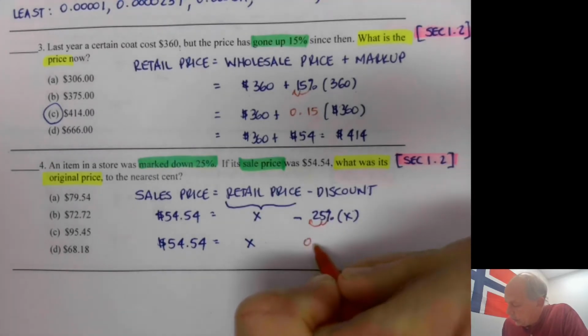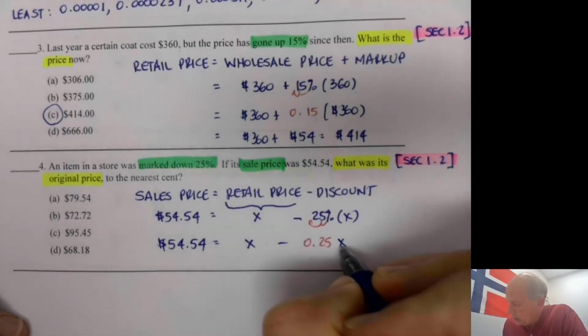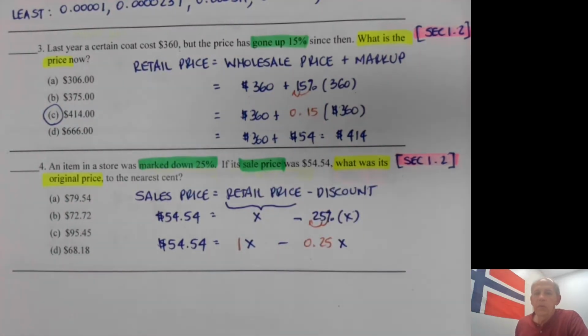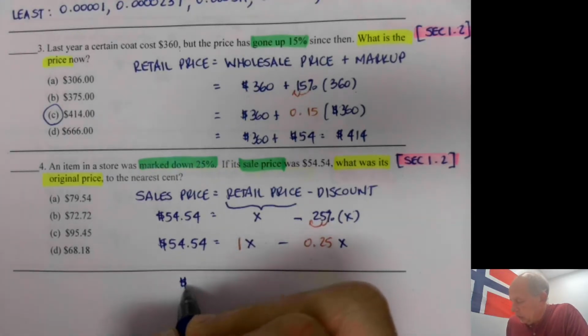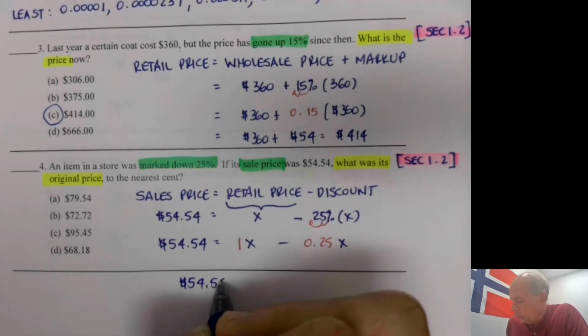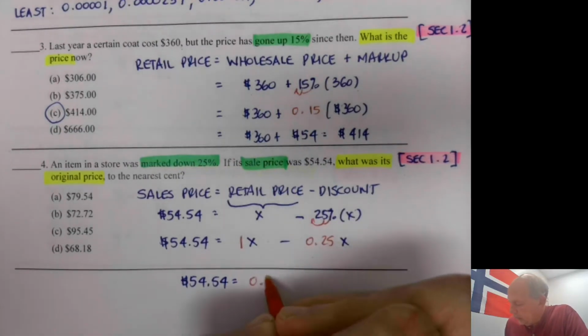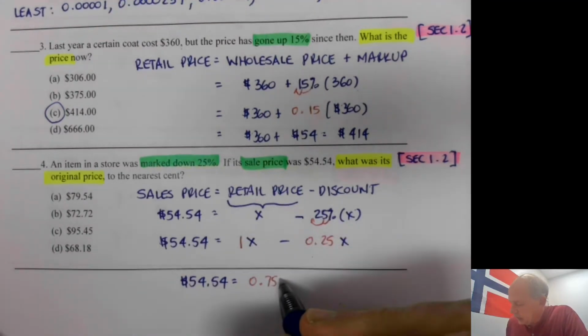We can move that 0.25 over. There is my X. There is my 1. Remember, there's a 1 lead coefficient with that X. And what I have is 54.54. 1 minus 0.25 is 0.75x.